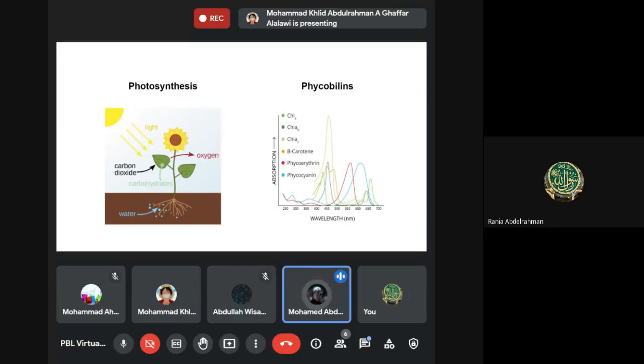Photosynthesis is a process that most autotrophs use to get energy. In photosynthesis, organisms use sunlight, water, and CO2 and convert them to glucose and oxygen.